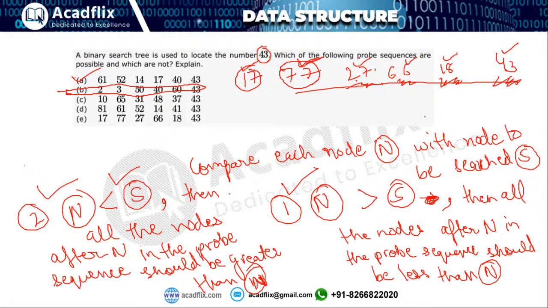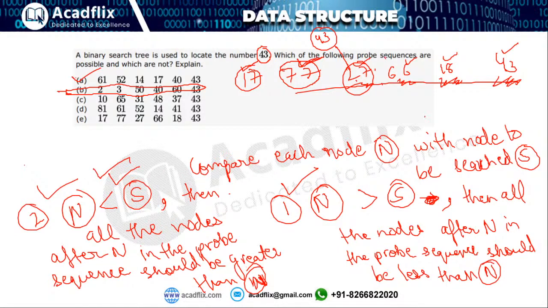Now whenever we came across this particular node, we check whether 43 is greater than or less than 27, because 43 is greater than 27, then all the nodes after n should be greater than n.